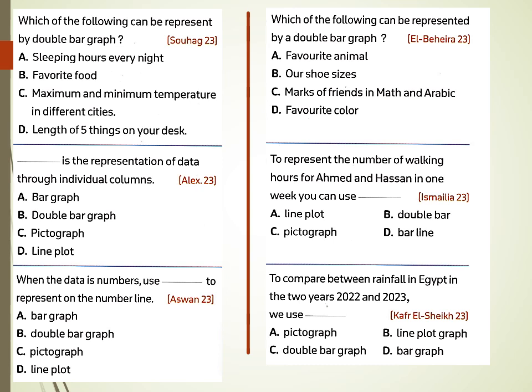Which of the following can be represented by a double bar graph? At first, we know that a double bar graph is used to represent two different types of data. So we will choose maximum and minimum temperature in different sectors. 2. What is the representation of data through individual columns?